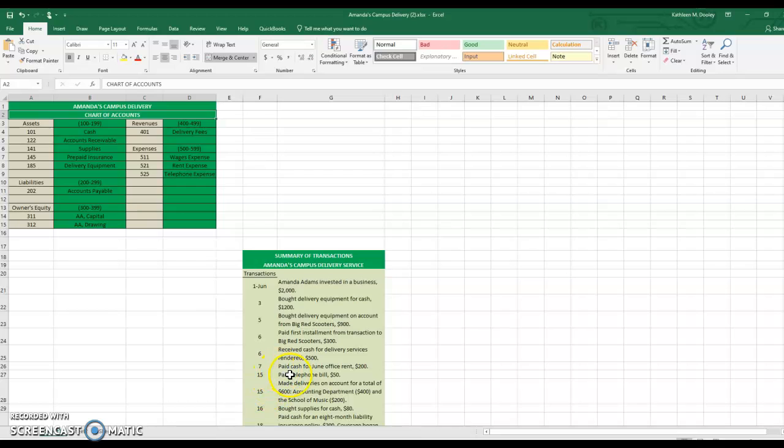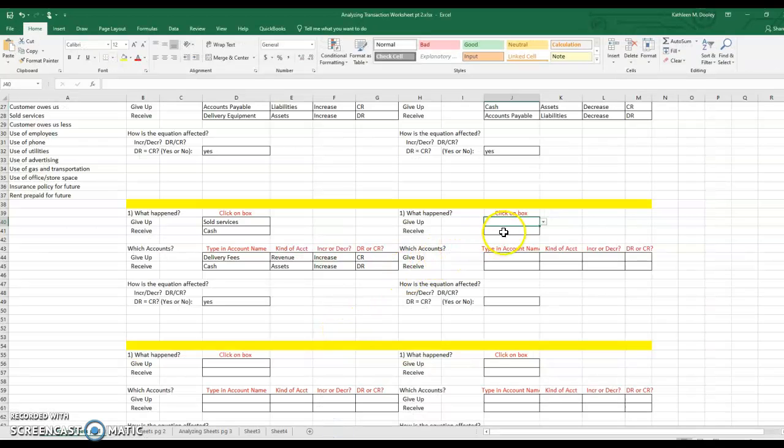Okay, next one, we paid cash for June office rent of $200. So we paid out cash, so that means that we gave up cash. And what did we receive in exchange?